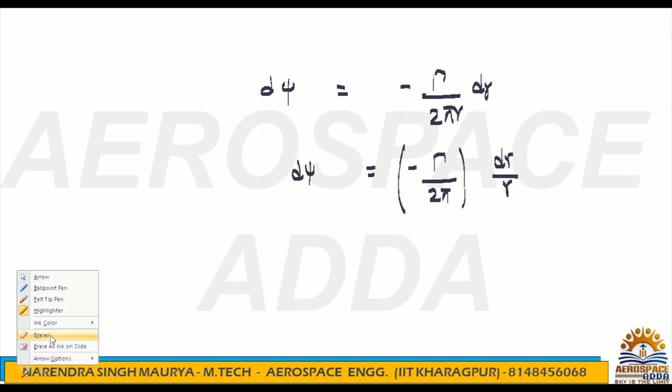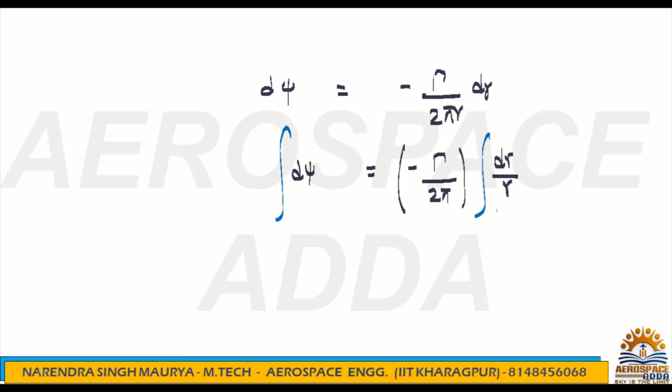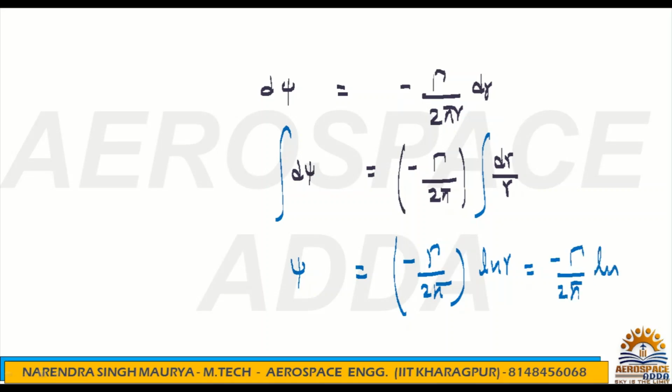Now again integrate both sides, because the circulation term is a constant, you can take it outside. It's circulation upon 2 pi, and dr by r integrates to ln r. You can write minus circulation upon 2 pi ln r, where r is the root of x square plus y square.